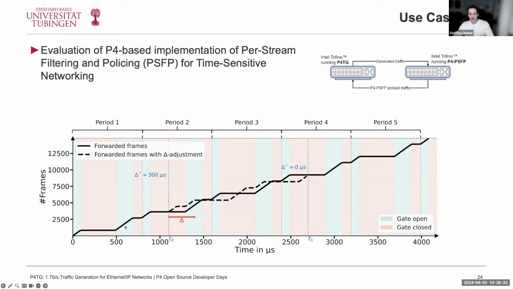And what we saw is exactly what we expected. When a gate is open, traffic is forwarded, and when a gate is closed, traffic is not forwarded. When we look at the x-axis, the time scale here is really low, in the order of microseconds. And with P4TG, we were able to generate the amount of traffic and measure it to get our results and to validate our implementation.